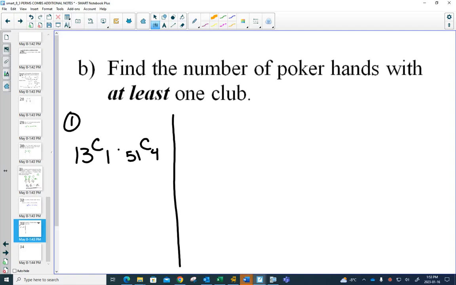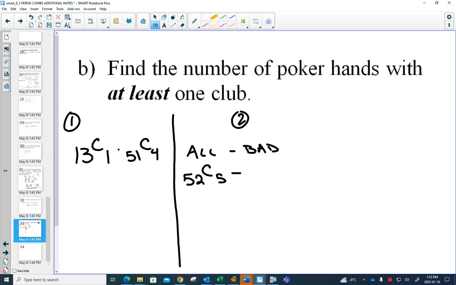Method number 2. Just like method number 1, method number 2 is also correct. For method number 2, I'm going to use the not strategy. The not strategy makes sense. That's where you go all minus the bad ones, and all the poker hands is 52 choose 5.